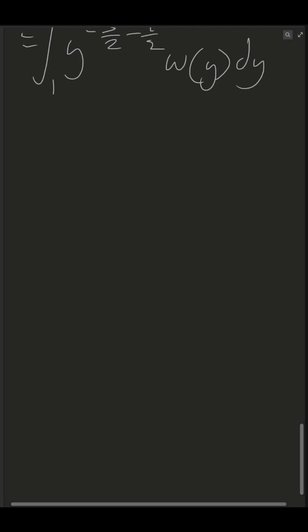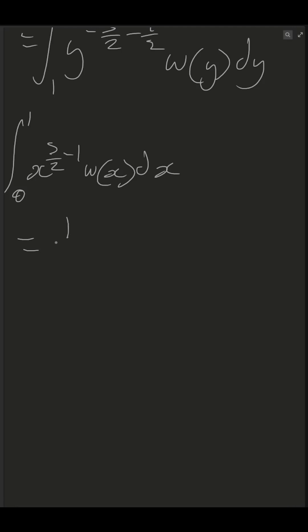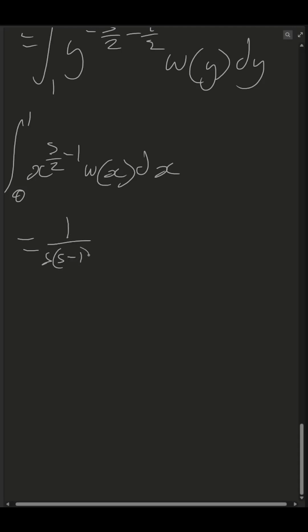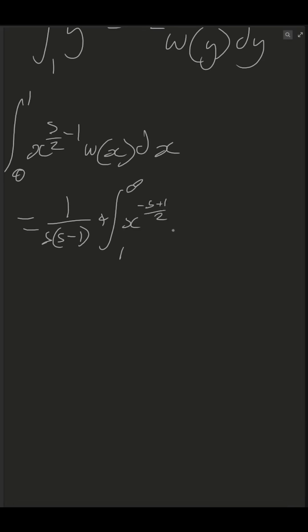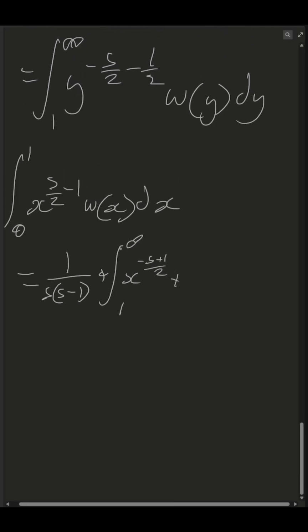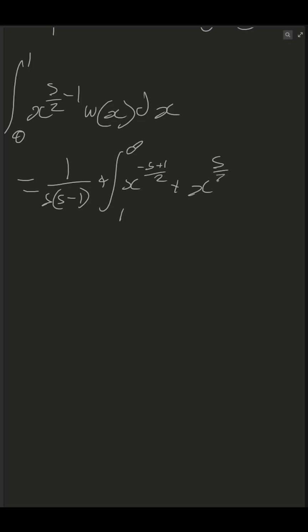So we end up with this integral from 0 to 1 of x to the s over 2 minus 1 times w of x dx is equal to 1 over s times s minus 1, plus that integral at the end, from 1 to infinity of x to the minus s plus 1 over 2, and now this comes from substituting x back into our equation for y, plus x to the s over 2 minus 1 times w of x dx.